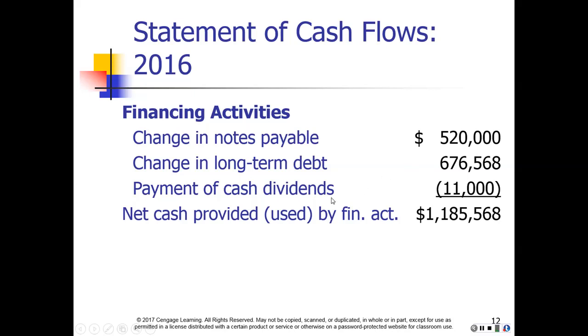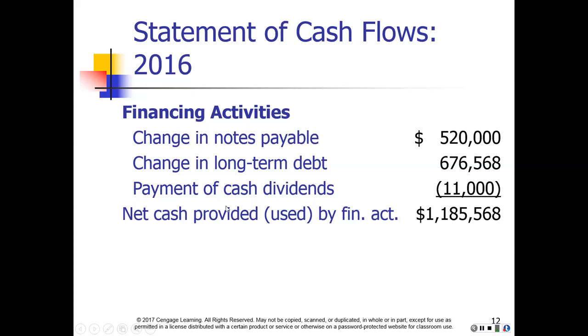We would subtract any dividends that were paid, and if new stock was used to raise funds, we would add that money. In this case, there's a payment of cash dividends of 11,000. So that is subtracted, and now we have net cash provided or used by financing activities.